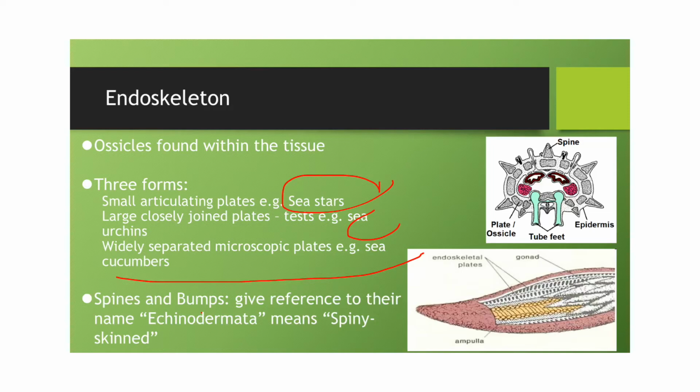So maybe the stiffness of the body of these classes: for example in the sea star or starfish the plates are small, similarly in the sea cucumber, compared to the sea urchins, where the plates are large. That's why the sea urchins are not as flexible as the sea stars and also the sea cucumbers.